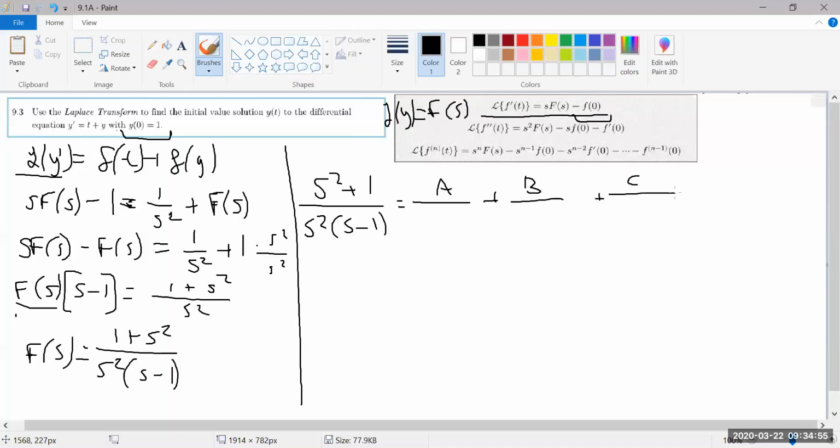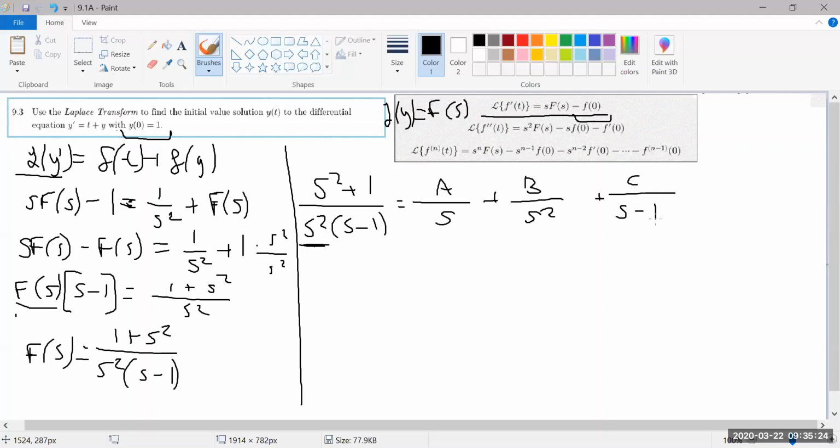Okay, and I'd say one of the most important things and one of the biggest mistakes people make is when you have something squared, you have to account for the first order and the second order. If you don't do that, you're never going to get your partial fraction decomposition correct. So make sure when you have a squared term or a cubed term that you account for all of the powers there. And then here you just have s minus 1.